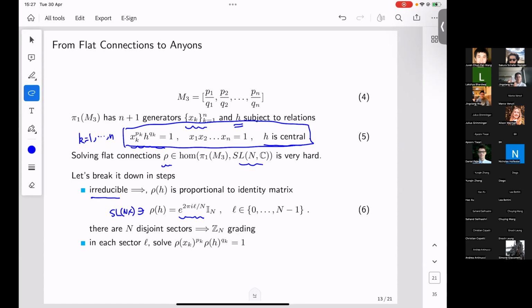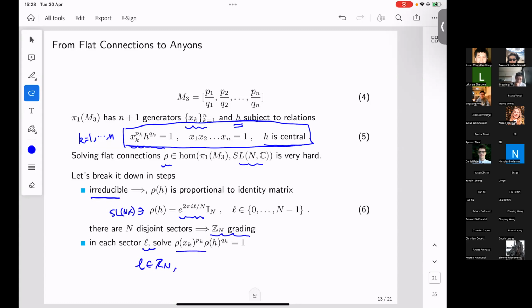So we already know the space of flat connections is going to be decomposed into n disjoint sectors. This corresponds to the Zn grading on the MTC side, the Zn one-form symmetry. In each sector labeled by L, where L is a choice in Zn, we can try to solve the rest of the equations.